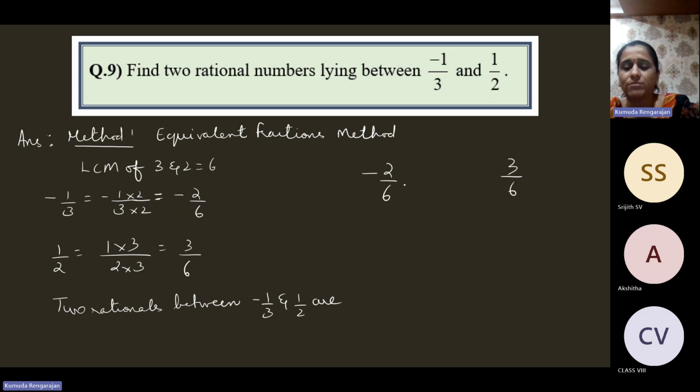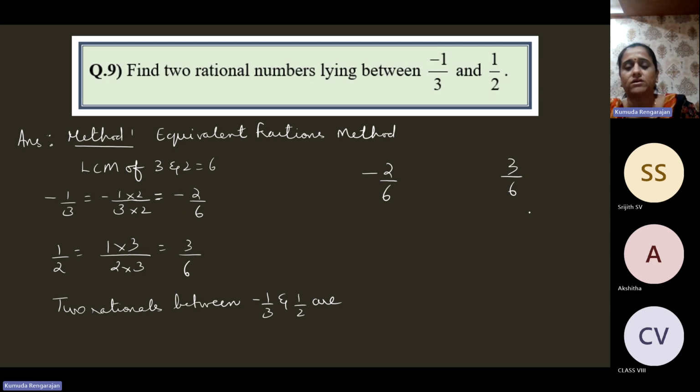Now you'll have to write numbers between them. Don't disturb the denominator. The denominator is 6, right?